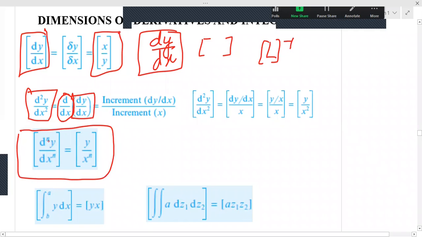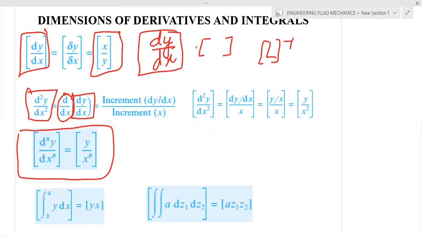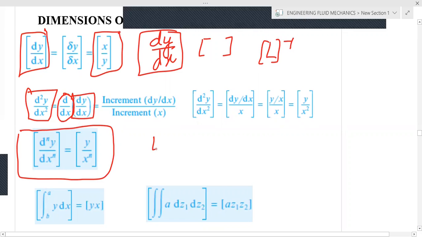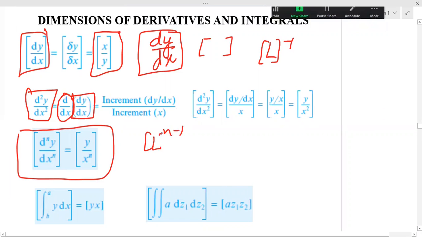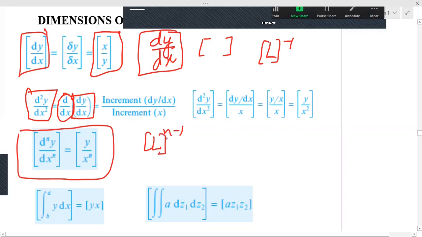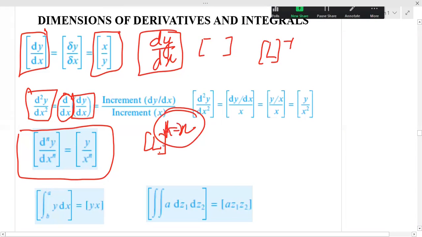So you know that if it is d^n y by dx^n, the dimensions will be L to the power 1 minus n. So this should be remembered.